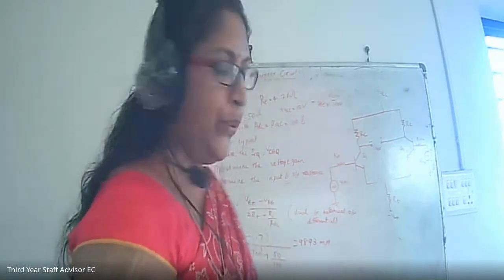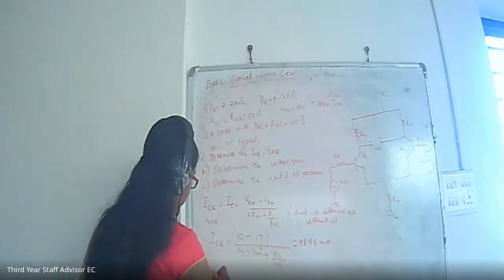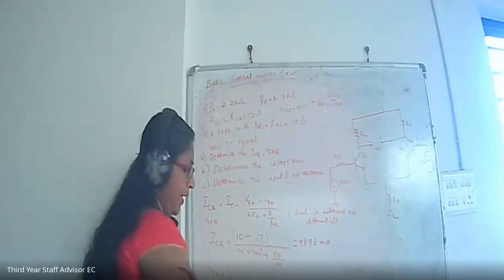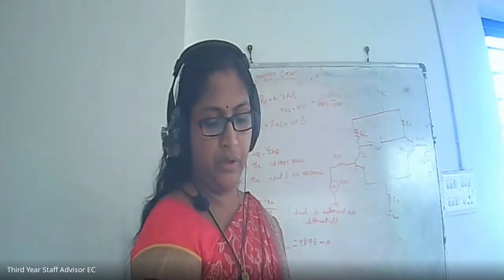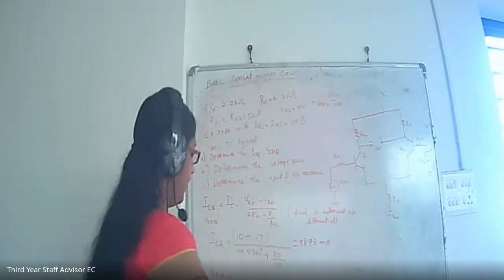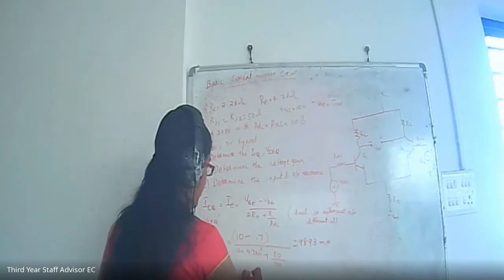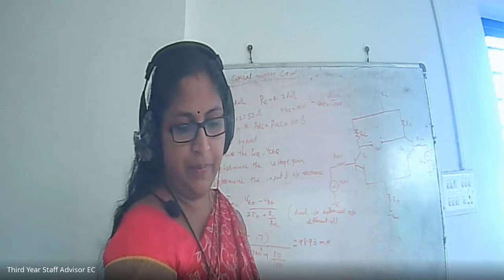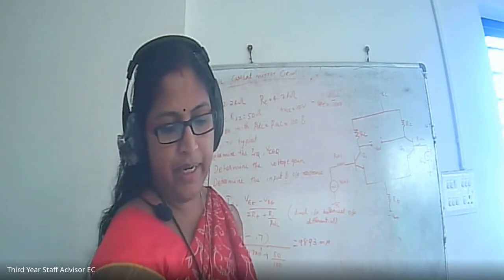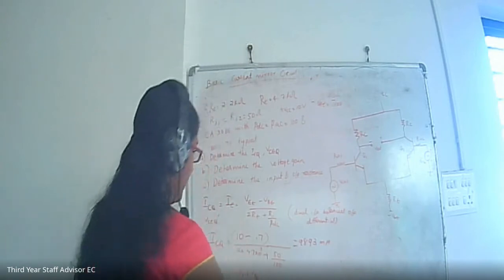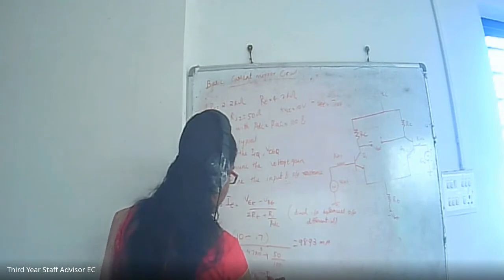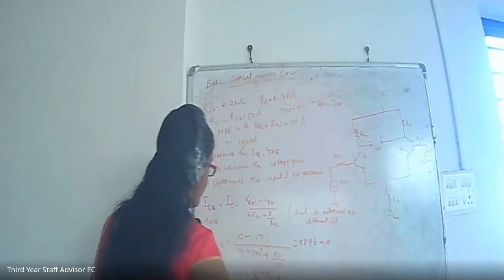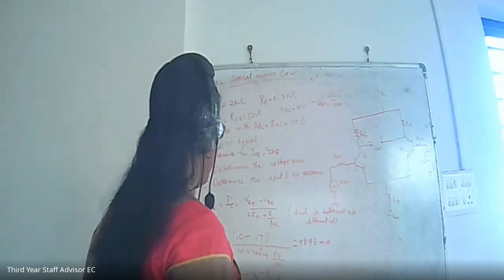So VCEQ is equal to VCC plus VBE minus ICQ into RC.